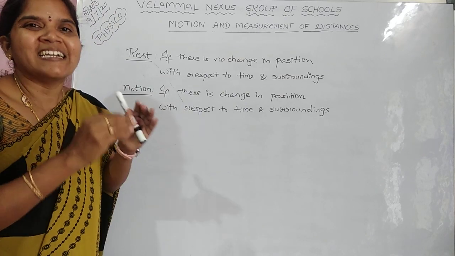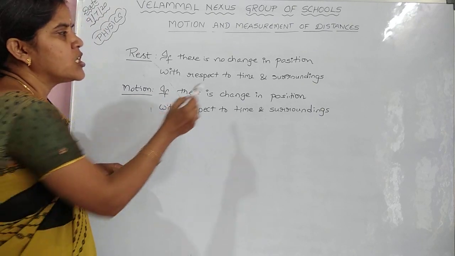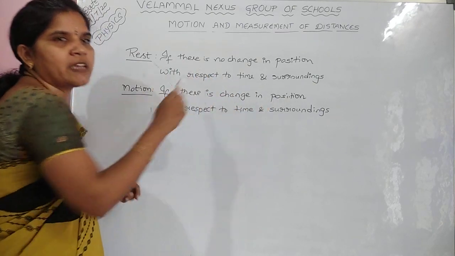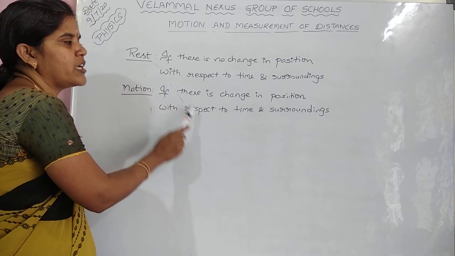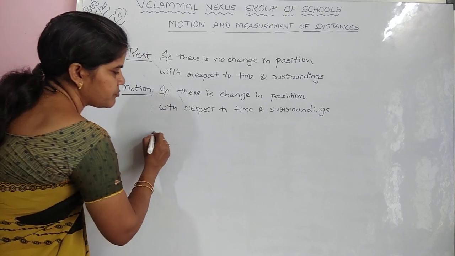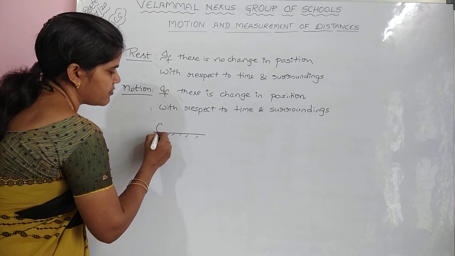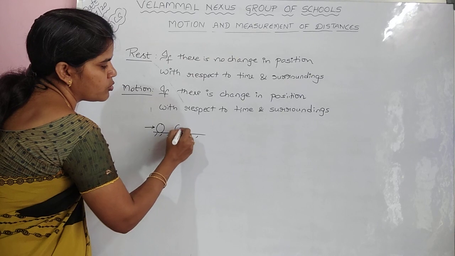A girl riding a bicycle or a ball rolling on the ground are changing their positions with respect to time and surroundings. Then the body is said to be in motion. For example, this is a ground, this is a floor. If this is a ball and some force is applied, the ball goes on rolling here.